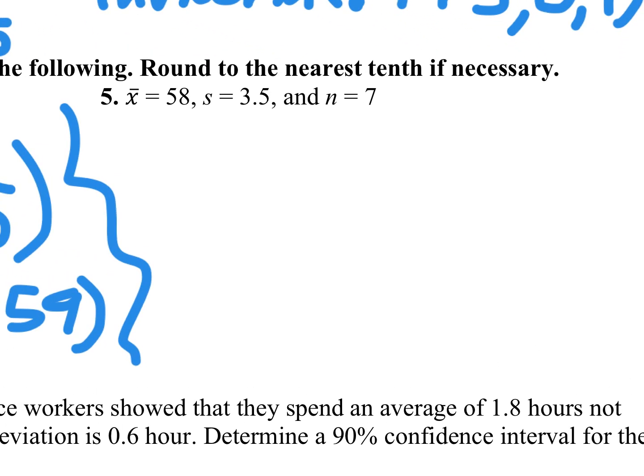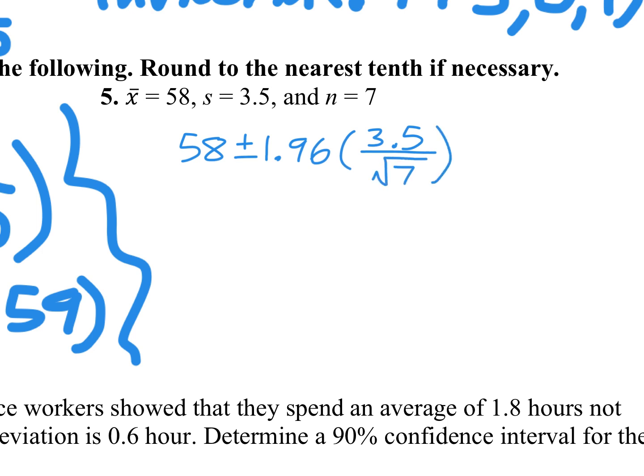All right, number 5, start at the mean, up and down, 1.96 standard deviations, 3.5, that's the standard deviation if we were doing groups of 1. We're doing groups of 7. So imagine if I had everyone put their height on a number line.